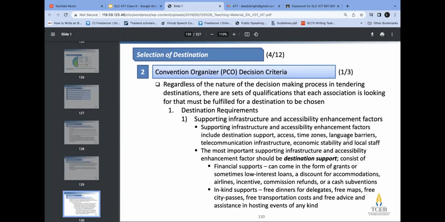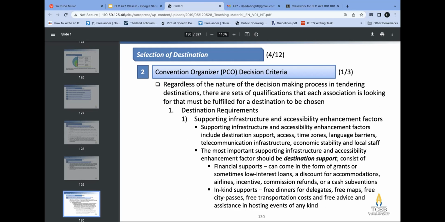Also language barrier, just focus on English communication, telecommunication infrastructure, economic stability, and local staff who can cooperate or run the business easily. So the keywords here are infrastructure and accessibility. Second, the most important supporting factor should be destination support.